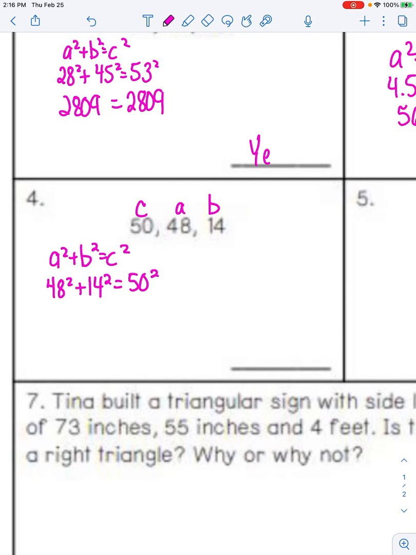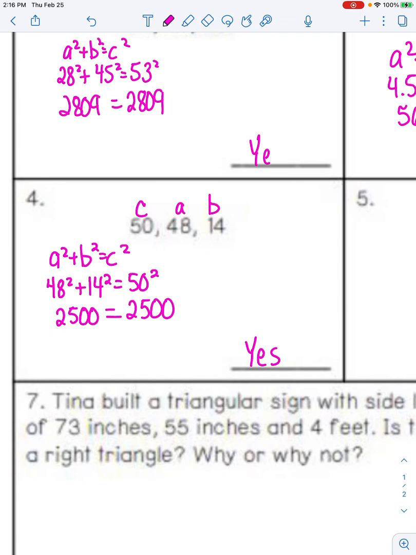Off to the side, I'm going to use my Desmos calculator and do 48 squared plus 14 squared. So I get 2,500 equals, and now I'm going to do 50 squared, or 50 times 50, which is also 2,500. Since the two sides are equal, the Pythagorean theorem is true here, so yes, those three sides could form a right triangle.